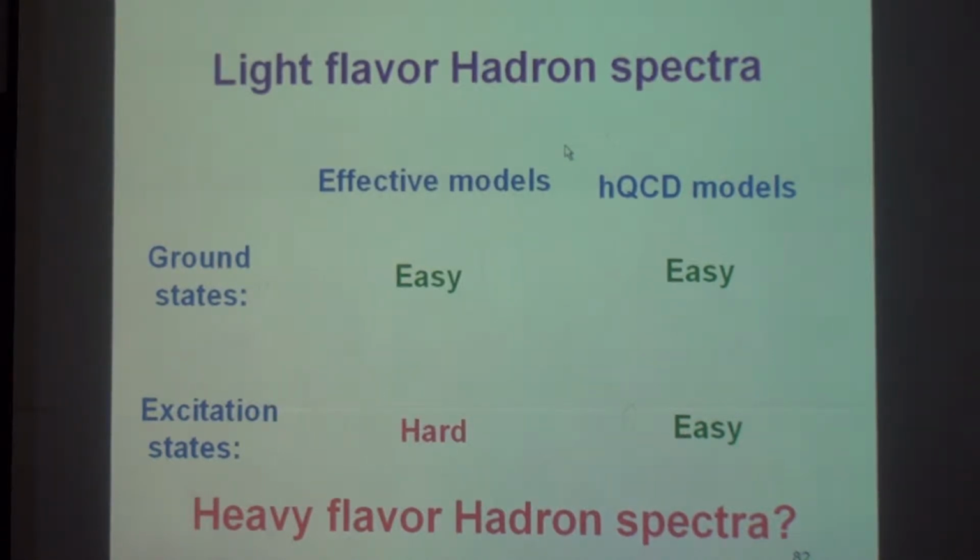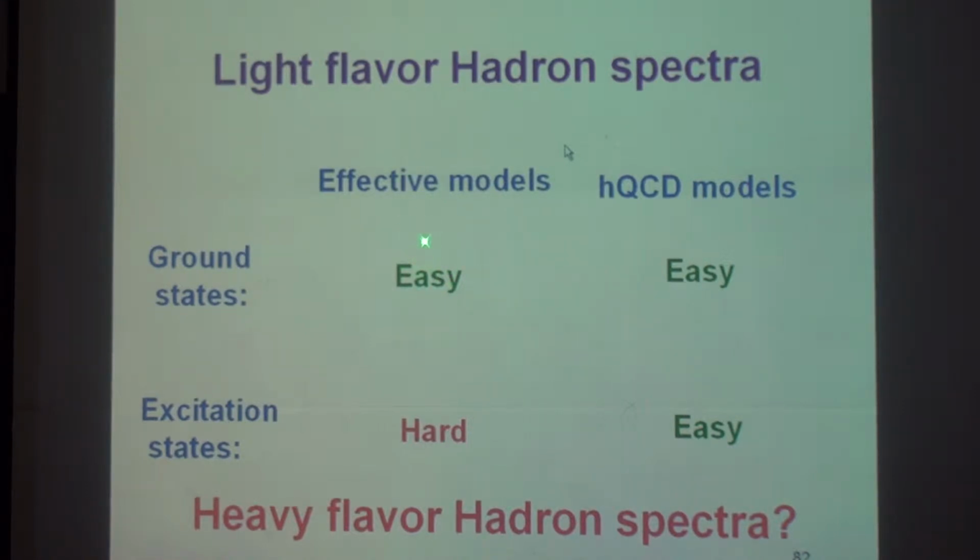In order to get the excited states, you have to put more and more terms there, so your Lagrangian is very long, right? In principle you can do it, but you put in more states and more parameters and so on. So I think it's quite difficult to get such rich behavior from such effective models. But for ground states, for example sigma, pion, and so on, this is still okay.